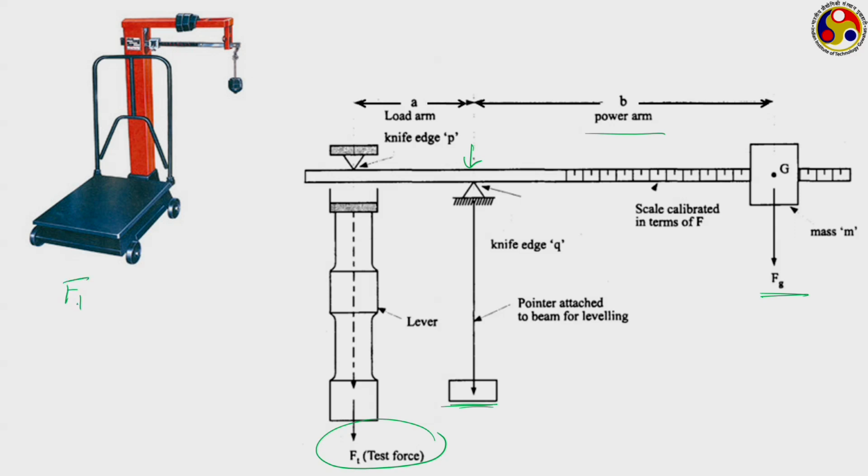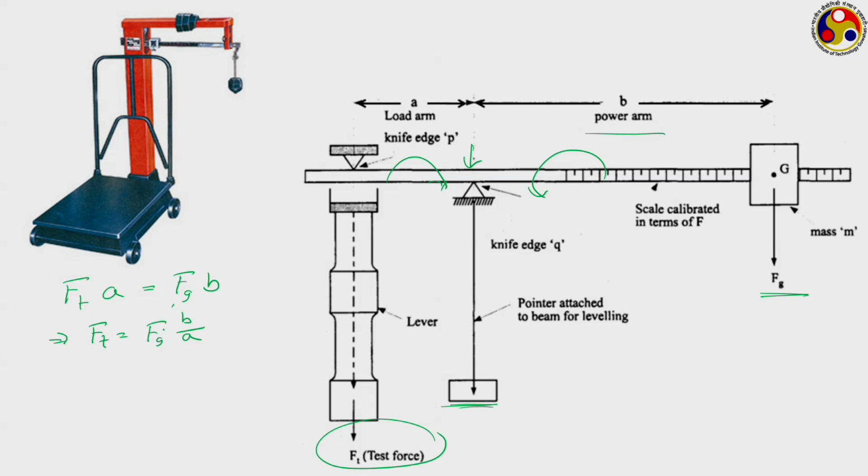That we can very easily calculate to be Ft into A, and the direction of this one will be clockwise. Correspondingly, a counterclockwise moment will be created by Fg, and when they achieve the null position, these two should be equal to each other. So, from there we can write Ft is equal to Fg into B upon A.